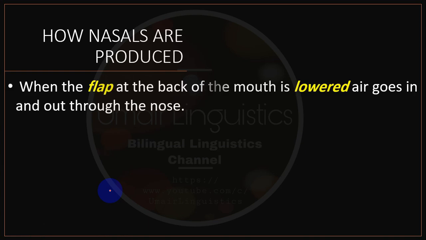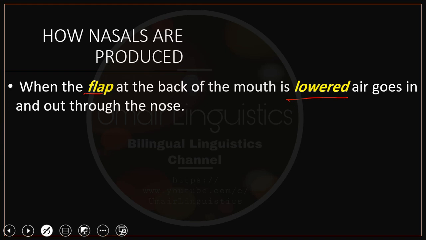So how are nasals produced? We have a flap at the back of our mouth, a soft piece of muscle which is hanging at the back of our mouth, you can see it. When the flap at the back of the mouth is lowered, air does not go through our mouth, but out through our nose.